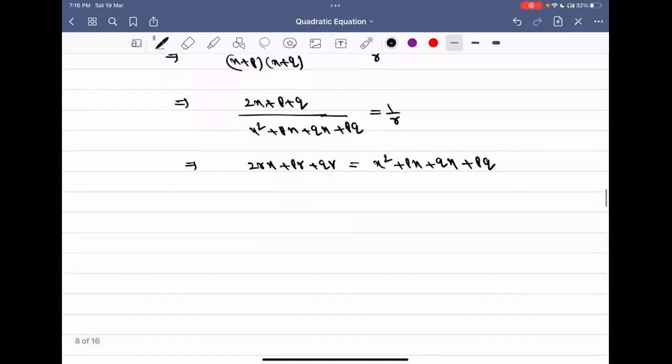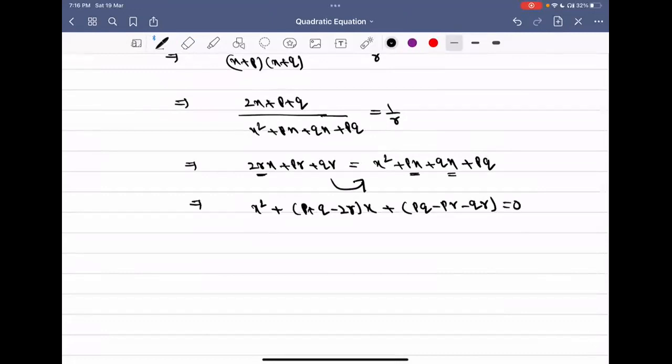So this implies if you take the left hand side terms to the right hand side, then it becomes x square plus, if we take x common from these two terms, then what you get? This is p plus q minus 2r times x plus the constant, that is pq minus pr minus qr, is equal to 0.